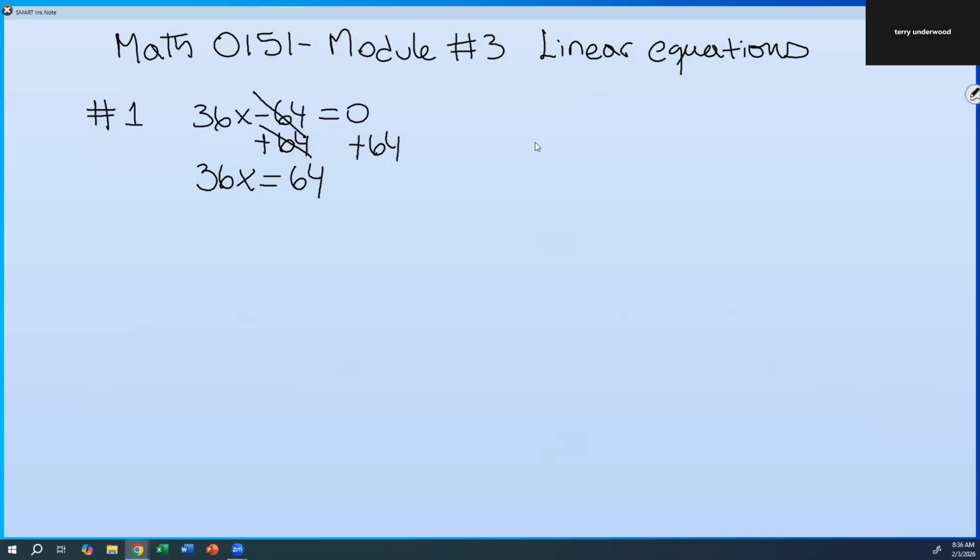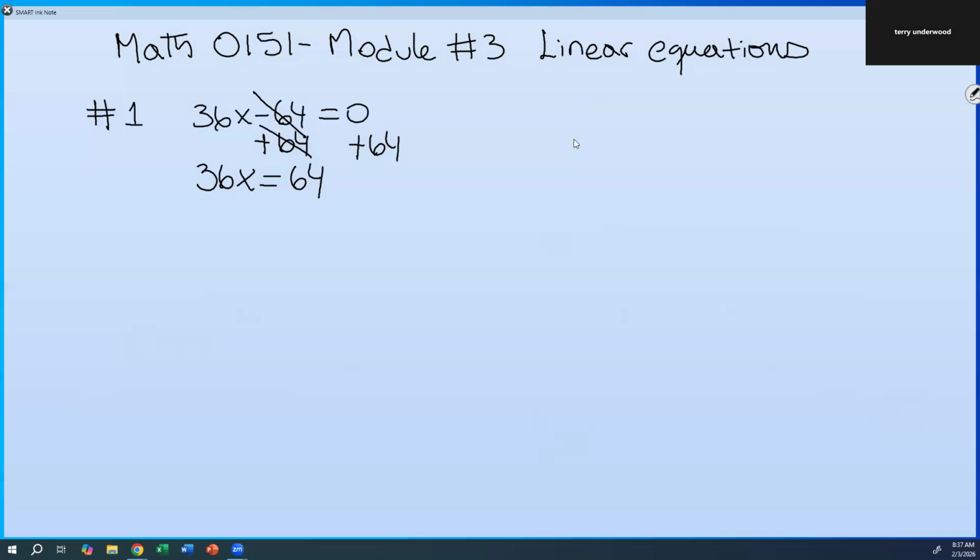So to be able to isolate my x and get my final answer, I have to again do the opposite operation. What is the opposite of multiplication?